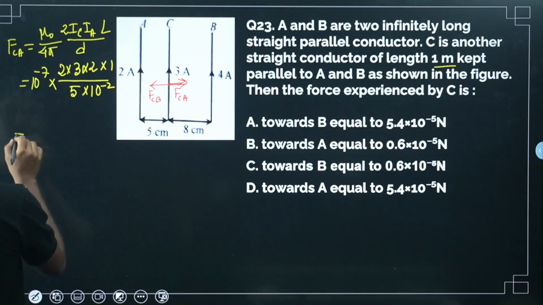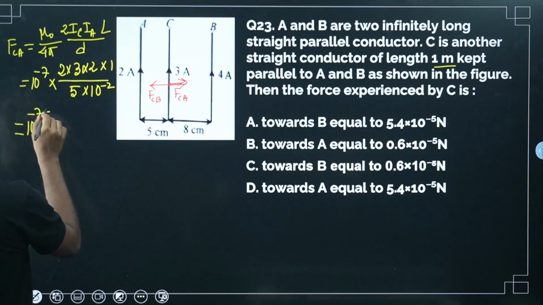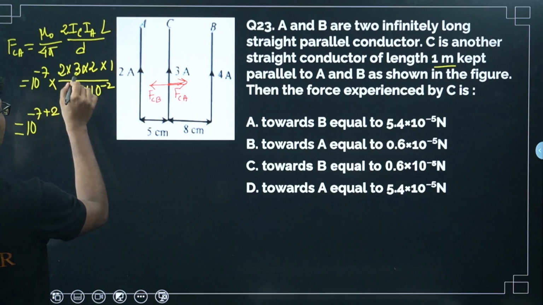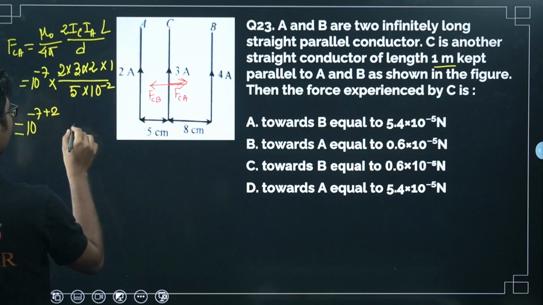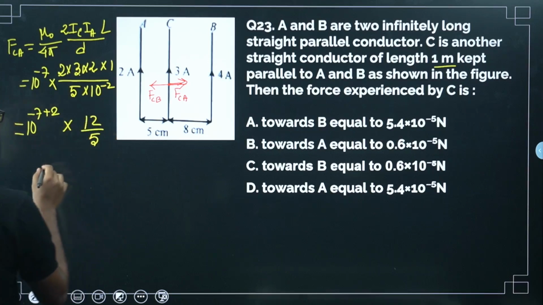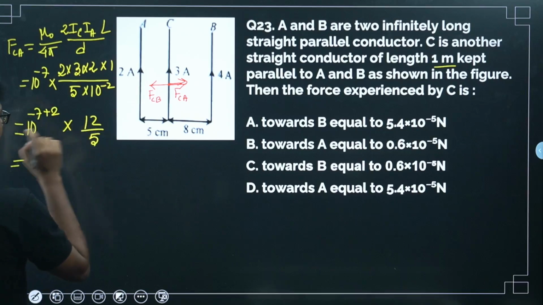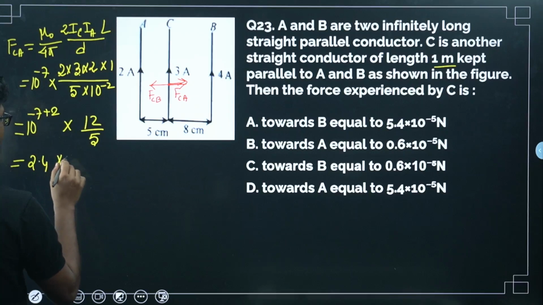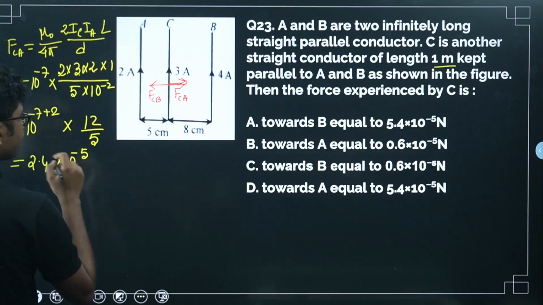Now this will become 10 to the power of minus 7 plus 2, and 2 3s are 6, 6 2s are 12, 12 divided by 5. So it will be 2.4 times 10 to the power of minus 5.